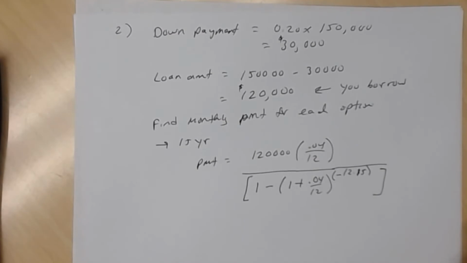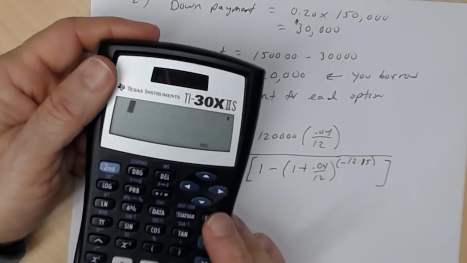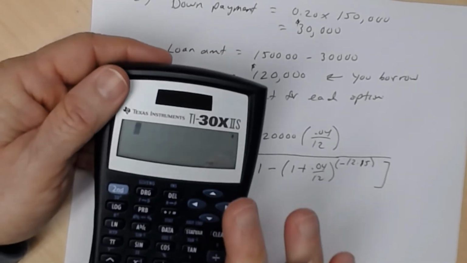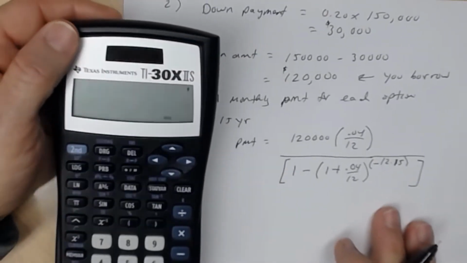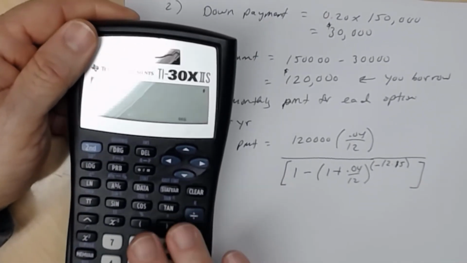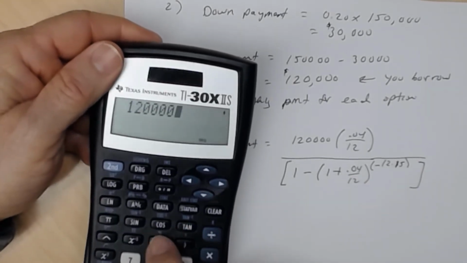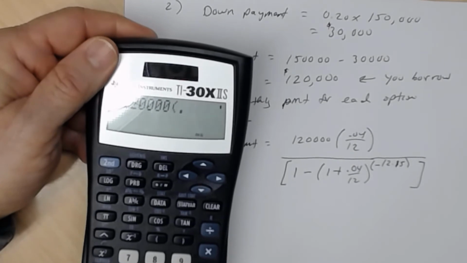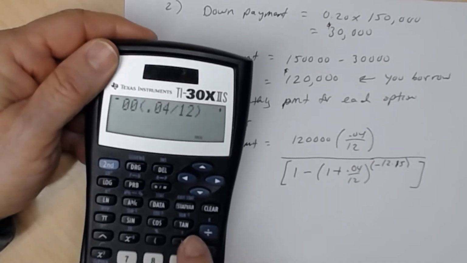All right, now let's use our calculator. Take it out. Make sure you get the same thing I get. Play around with your calculator. Hopefully you got this kind of calculator. That's the one that we suggested you get. All right, $120,000 times parentheses, 0.04 divided by 12, close the parentheses, okay?